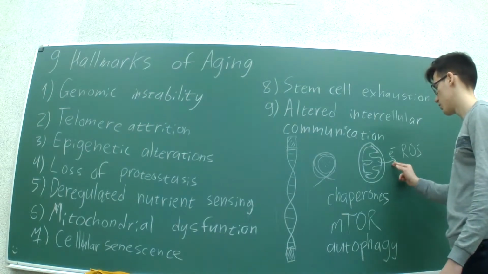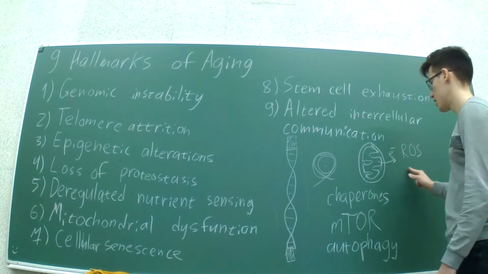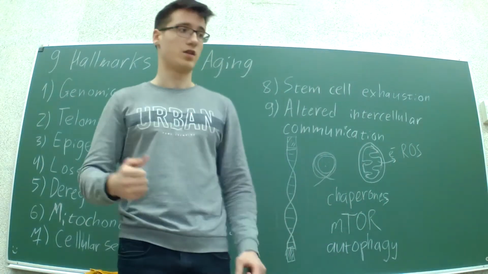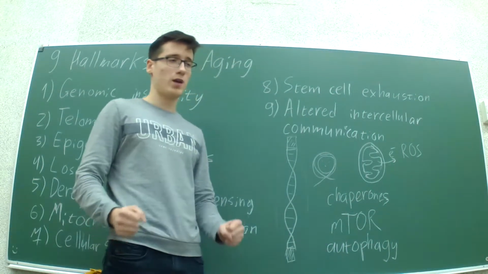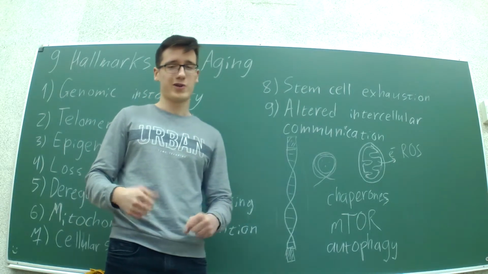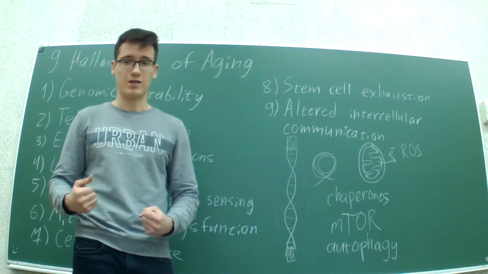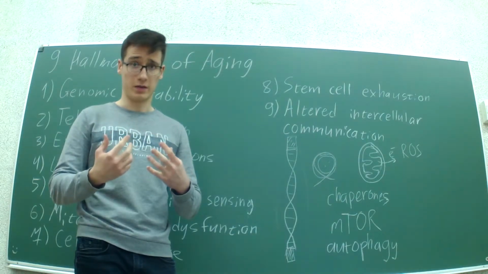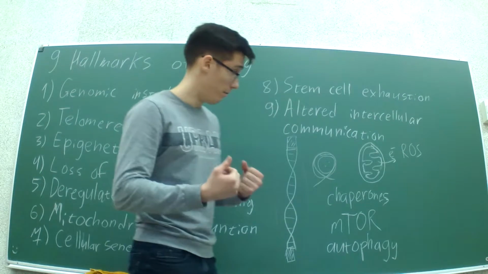And those electron leaks produce ROS, or reactive oxygen species, in our cells, which in moderation are actually beneficial because they mediate cellular signaling processes.